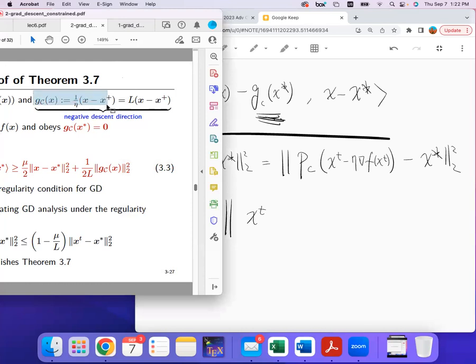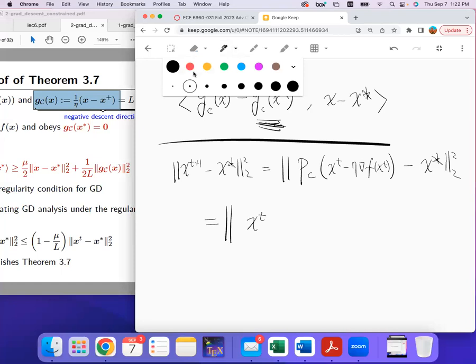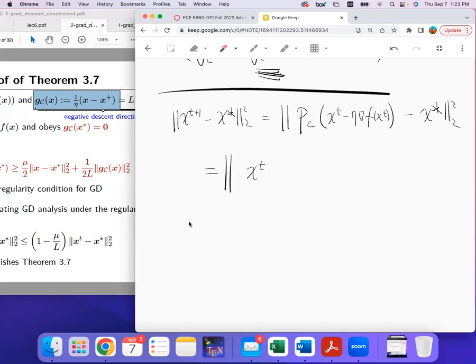Based on this definition, I can rewrite the update rule of projected gradient descent as x t plus 1 equals x t minus eta GC(x t).